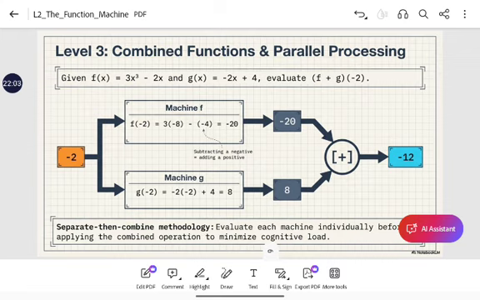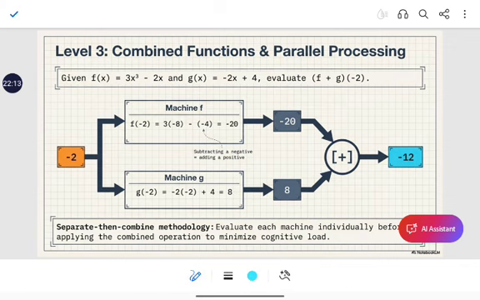Okay. Now remember that we talked about f plus g of x.